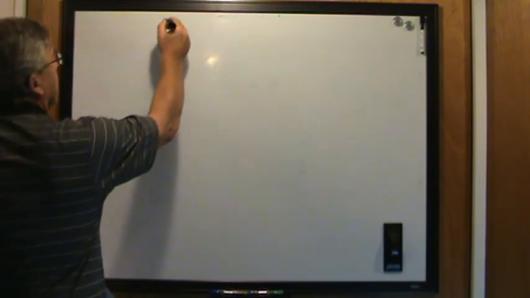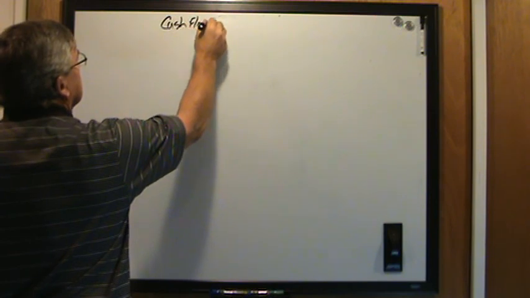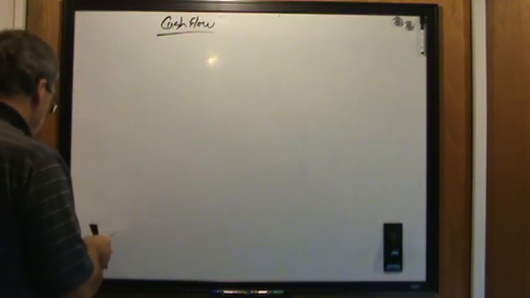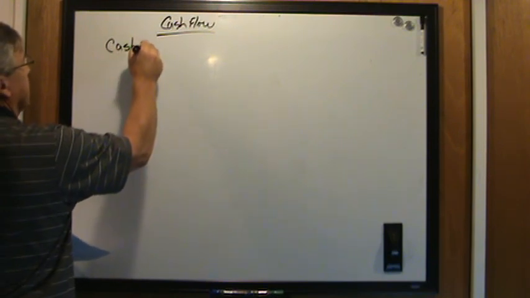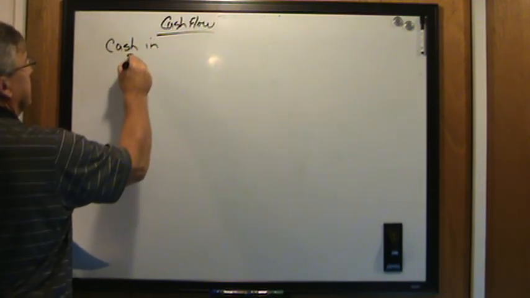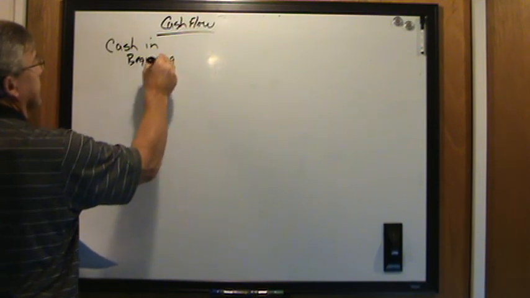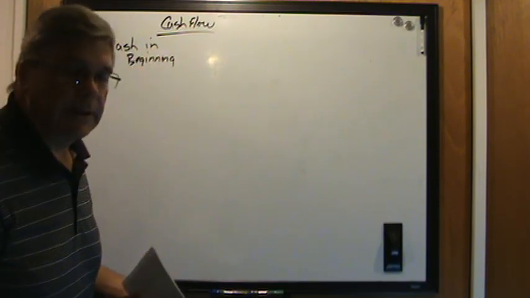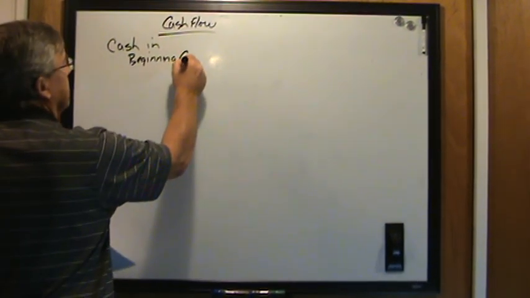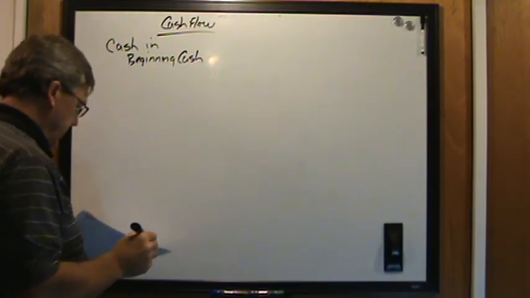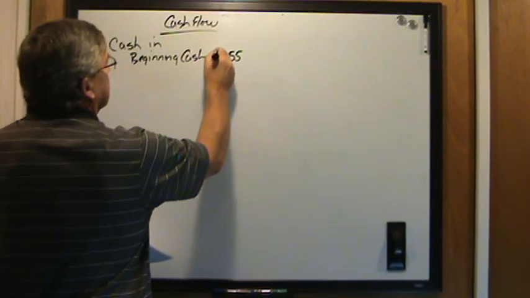So in terms of the cash flow, you're looking at cash coming into the business. We have a beginning cash amount, which was our ending cash at the end of day 2. So that's the beginning cash of day 3, and that was 255 euros.